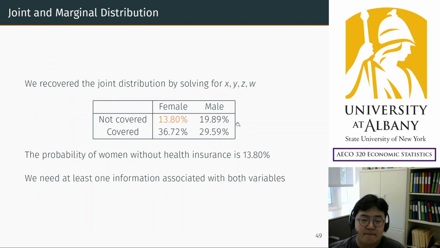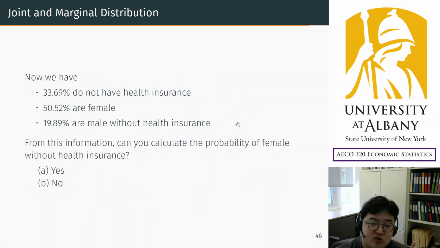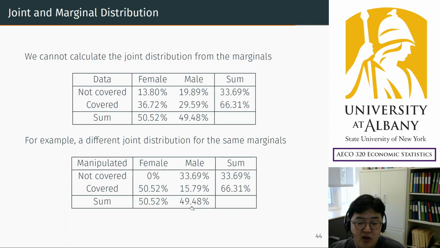Okay. By the way, you may ask this question. So we have, for example, here the information is 50.52% are female. Then you may ask, we know the probability of male is 49%. Why don't we use this? That information is actually useless, because if you know female is 50.52%, this information is automatically implied by the same property of probability.